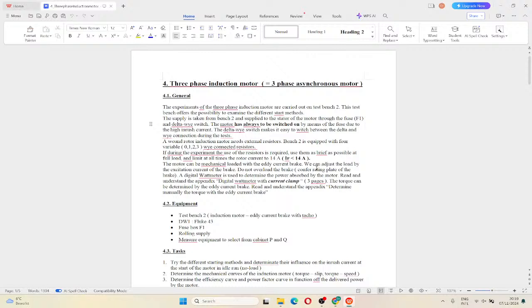Yeah, what I said is correct, I think. I still use that scale. What is that document on the Toledo? I mean, what is the name? Appendix 9 torque measurement with eddy current brake. So the scale is connected to the eddy current brake.